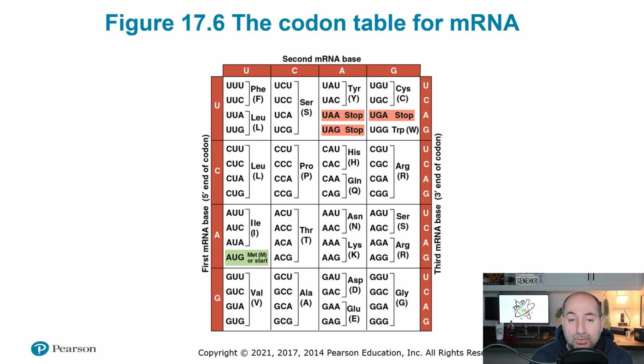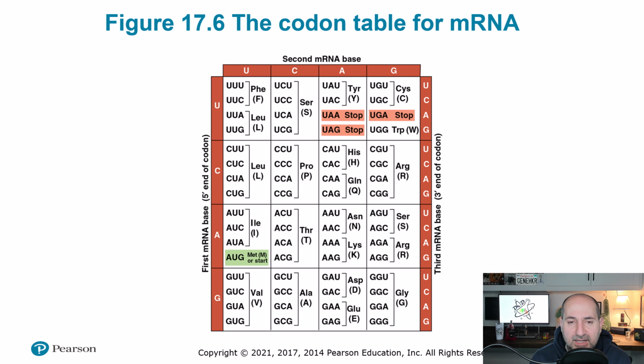Now, what the ribosome is going to do is read these codons on the mRNA. And don't forget, the ribosome does not begin reading at the 5' end of the mRNA, does it? Instead, it scans for that ribosomal binding site, and then it's looking for a particular code.